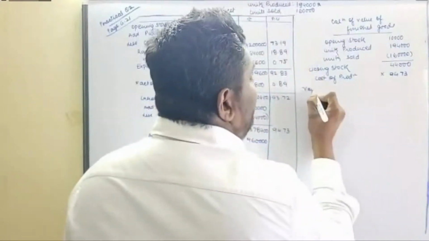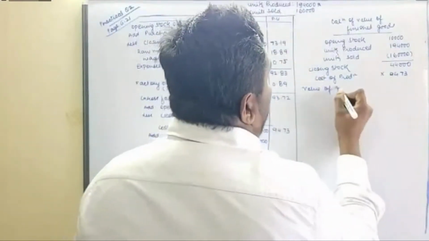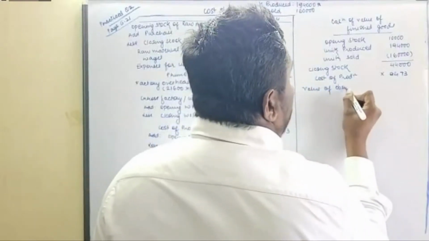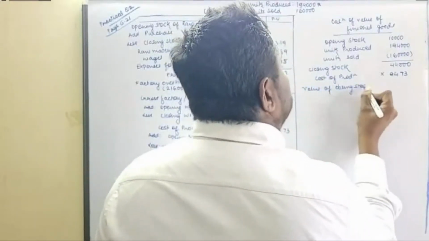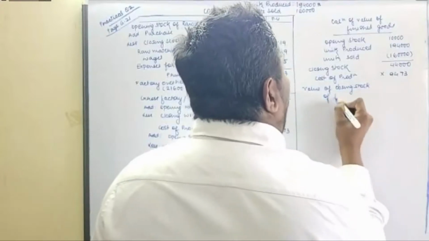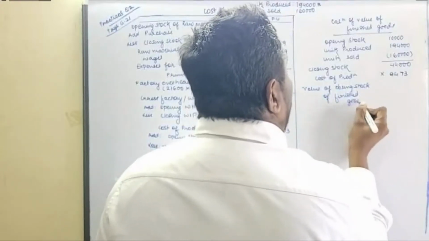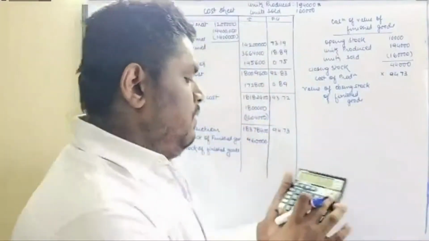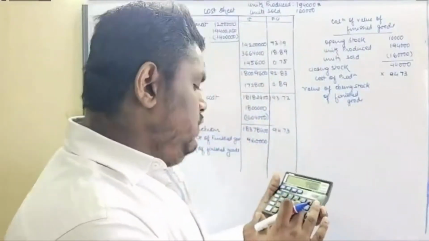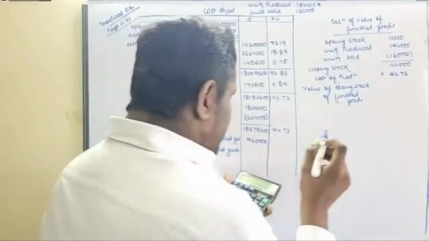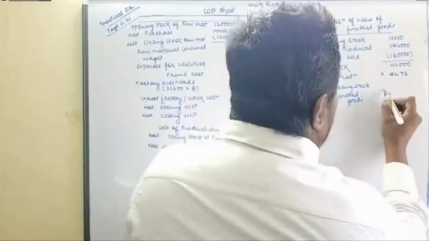So the value of closing stock of finished goods will be 44,000 into 94.73. So this will be 41,68,120.